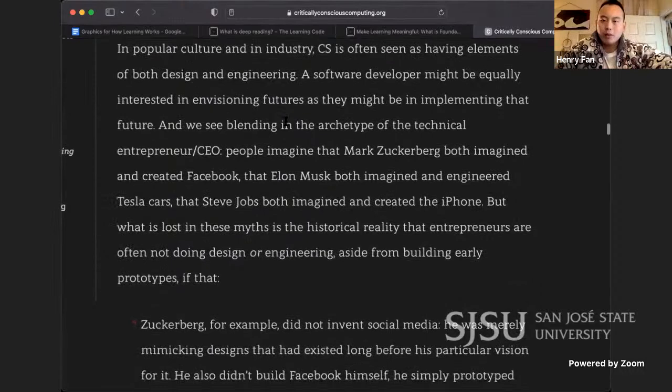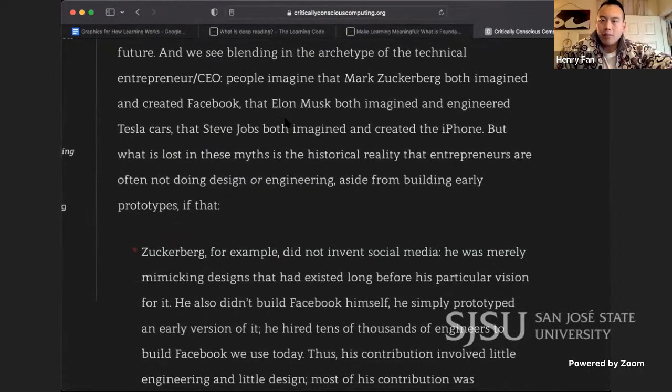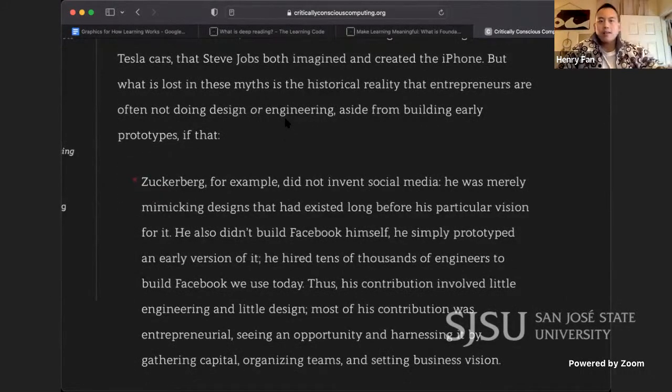People imagine that Mark Zuckerberg both imagined and created Facebook, that Elon Musk both imagined and engineered Tesla cars, that Steve Jobs both imagined and created the iPhone. But what is lost in these myths is the historical reality that entrepreneurs are often not doing design or engineering, aside from building early prototypes, if that.